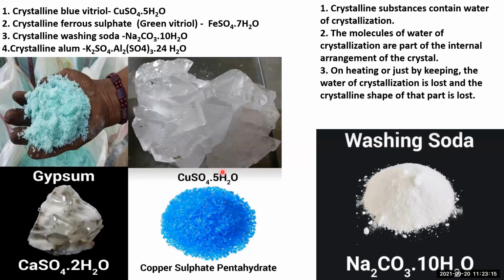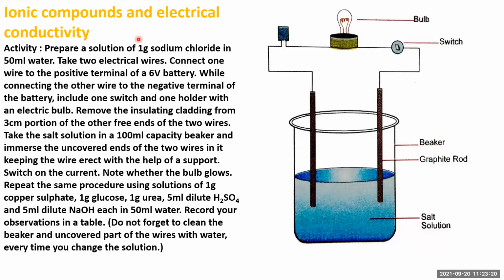The next topic we discussed is ionic compounds and electrical conductivity. To understand this, we performed an activity in which we took a salt solution. When we dip two conducting electrodes in the salt solution and attach their two terminals to the terminals of a battery, current starts flowing through it, and it can be detected through the glowing bulb.